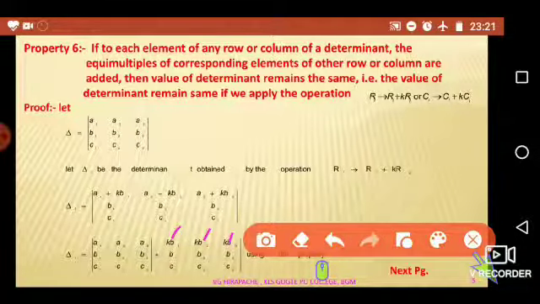The second row remains the same, b1, b2, b3, c1, c2, c3. Now delta 1 is obtained by the sum of two determinants, and in this case also the value of the determinant remains the same.